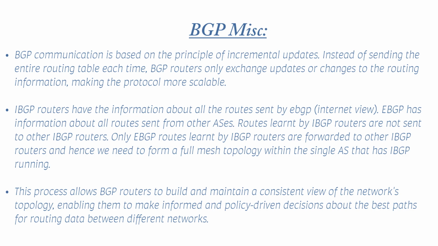I'll show you with an example why full mesh is required. It's not necessary that this full mesh has to be a physical connection between all the devices. As long as these interfaces are reachable, by running another routing protocol underneath, like OSPF or RIP, you should be fine. It does not have to be a physical connection.